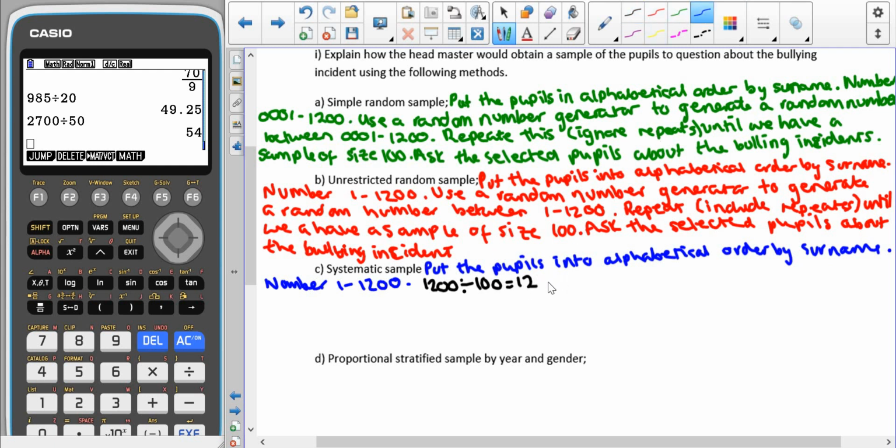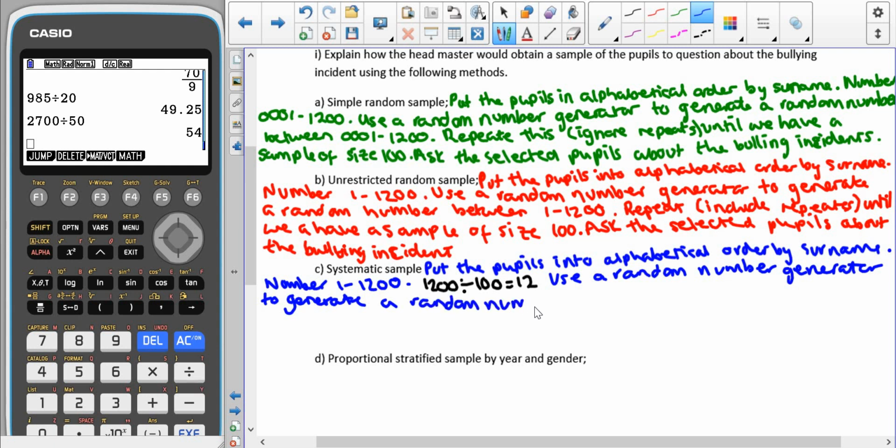12. So that means that we're going to use a random number generator to generate a random number between 1 and 12, because that is what we got when we did our division.